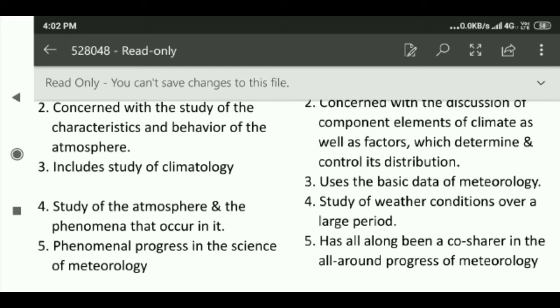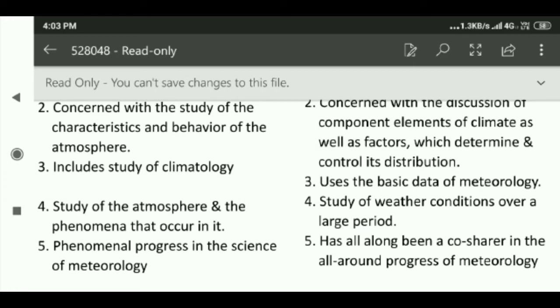Because of the ever growing use of modern sophisticated observational techniques, the following branches of climatology have witnessed radical changes in the last 3 decades. That is, general circulation of the atmosphere, air masses and fronts, airflow, characteristics of the lower layer of the atmosphere, precipitation.